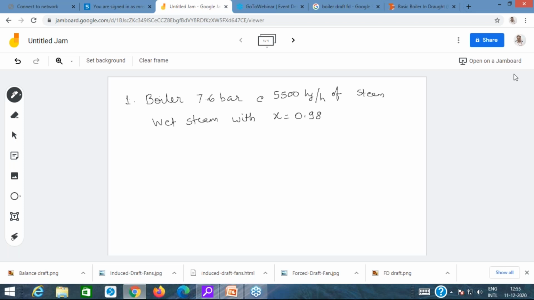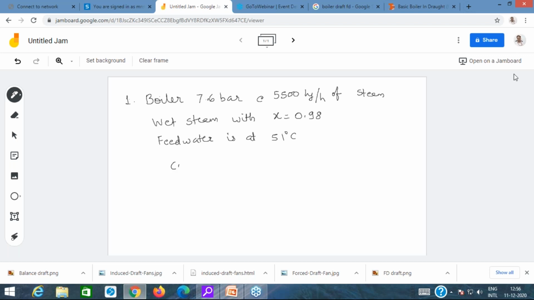It is given that the feed water is at 51 degrees centigrade, and the coal consumed per hour is 650 kgs.